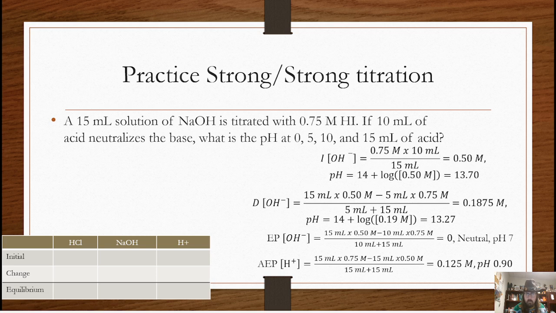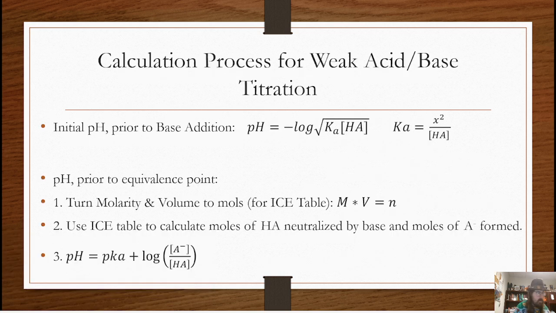So now a weak acid, weak base is by far a much larger pain, because we can still do all the same points, but none of them are direct gimmes, because at point 1, where it's all acid and no base, you have HA breaking down into H plus and A minus.